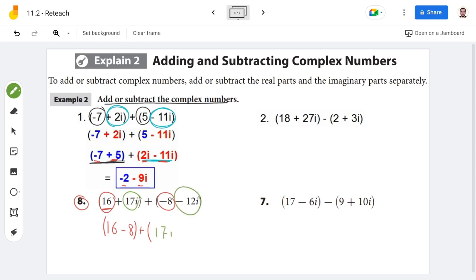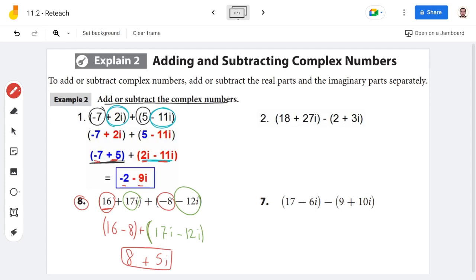So 17i minus 12i. So this is what we are going to do. Now simplify the terms. 16 minus 8 is equal to 8, plus 17i minus 12i, which is equal to 5i. So this is the answer.